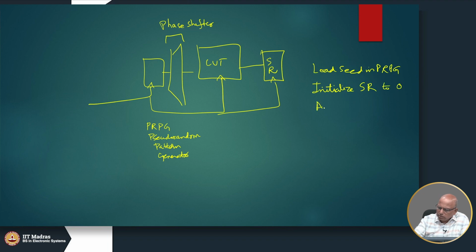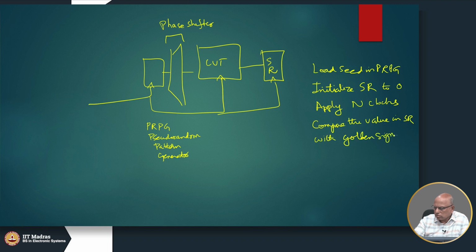Then apply some large number of clock cycles, that is n cycles, and compare the value in the SR with the golden signature. If the golden signature is different from the actual signature, we have a problem.